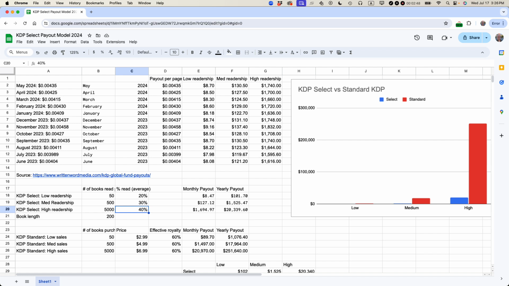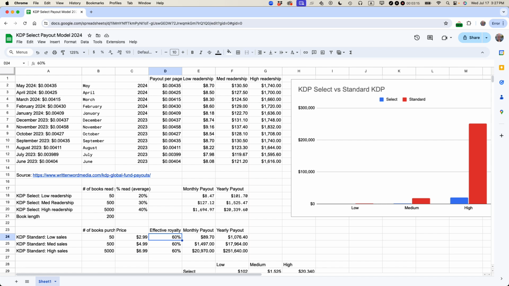Conversely, with traditional or standard KDP, let's say the number of reads is the same for low, medium, and high, and then the price is different, because usually starting authors can't charge as much. Their books will be priced less, medium authors slightly more, and high sales authors, getting 5,000 sales per month, which is quite good, it's $6.99. This is just average.